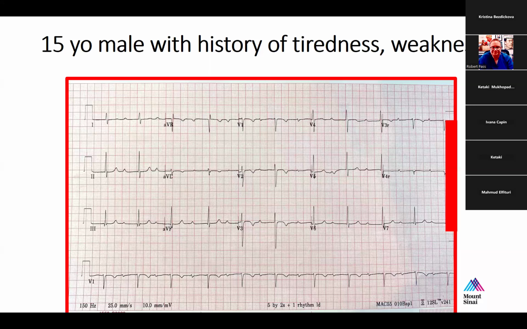In younger babies and younger patients, I think of the maternal antibodies that get passed through for neonatal lupus, but this kid's 15, so less likely. Right, so neonatal lupus or Sjogren's is a possibility. We don't normally do ECGs in children unless there's some indication. So it's conceivable that this could be a residua of something, and that he's been walking around his entire life with first degree heart block.